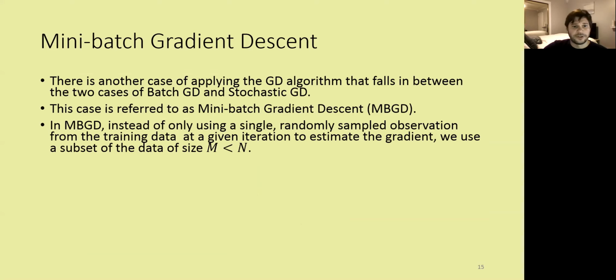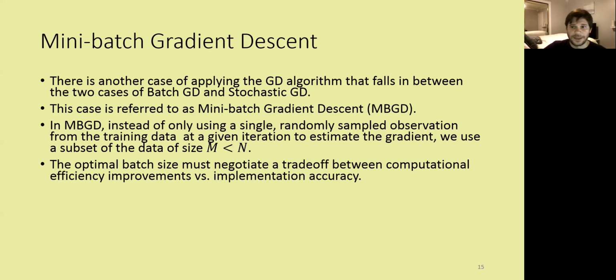In mini-batch gradient descent, instead of using only one single randomly sampled observation from the training data, we use M, some smaller subset. Maybe it's 2, maybe it's 5, maybe it's 10, maybe it's 100. In some sense, the optimal M, the optimal batch size, negotiates a trade-off between computational efficiency improvements versus an accurate final parameter guess.